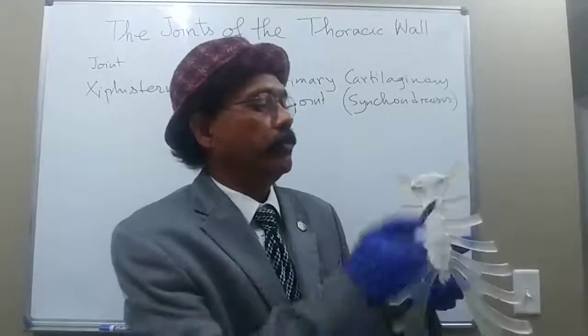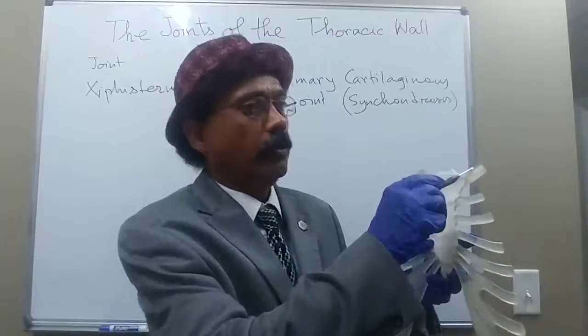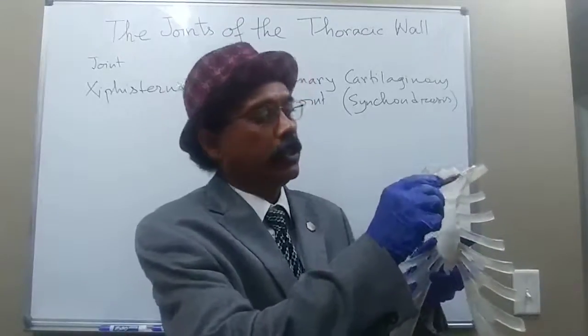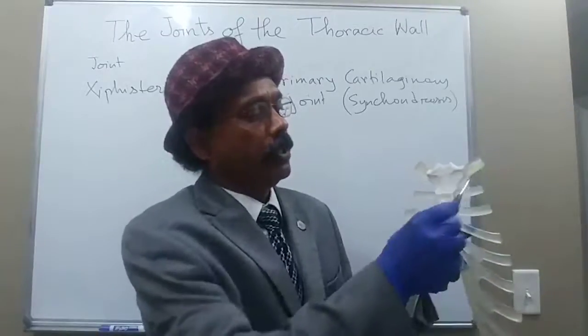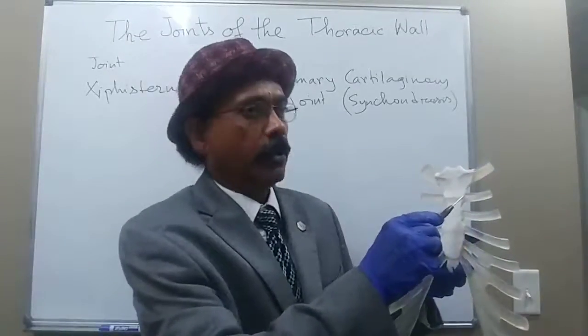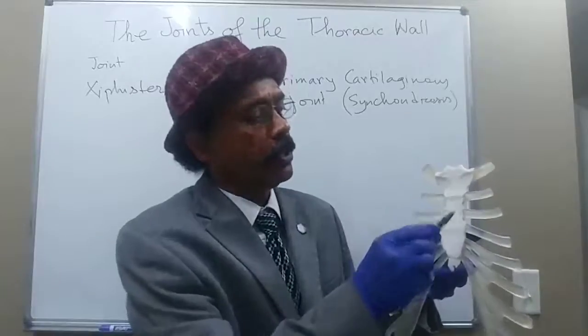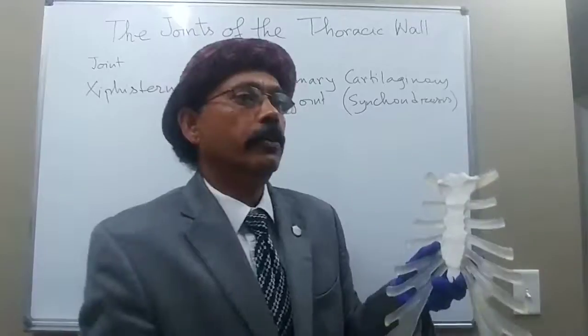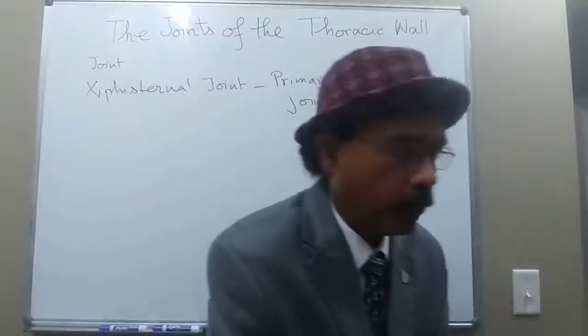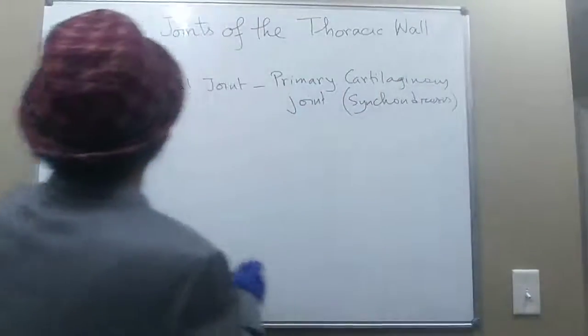Then we'll get the joint between the costal cartilage of the rib and the sternum. Here is the first sternocostal joint with the first costal cartilage, then the first rib. Then the second sternocostal joint here, third here, fourth here.